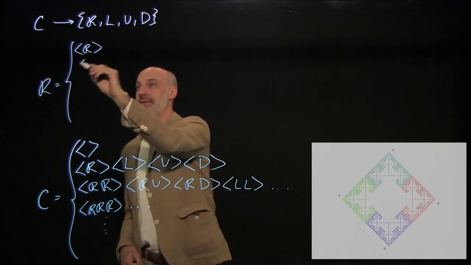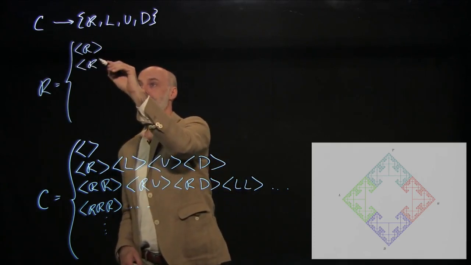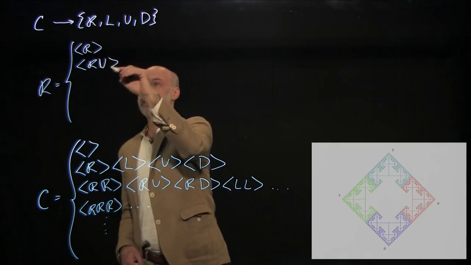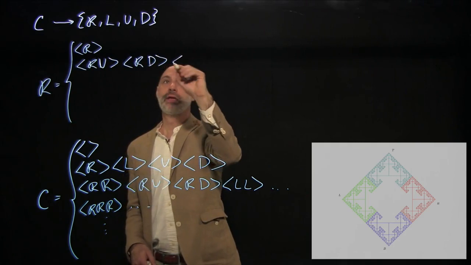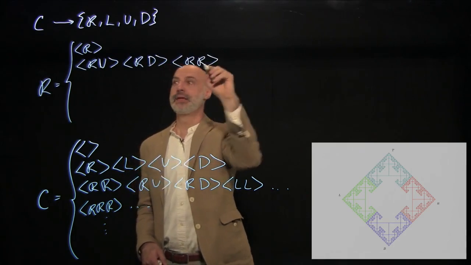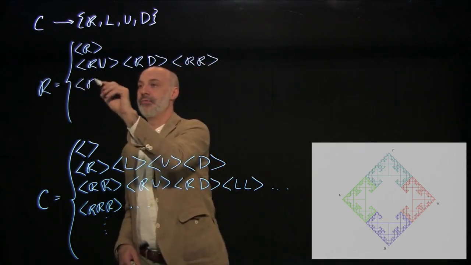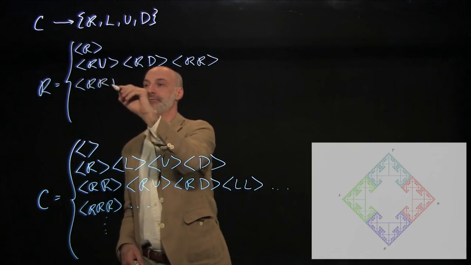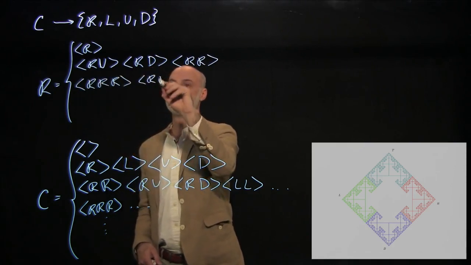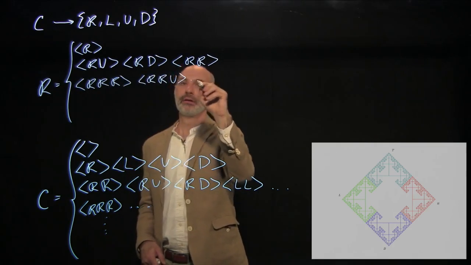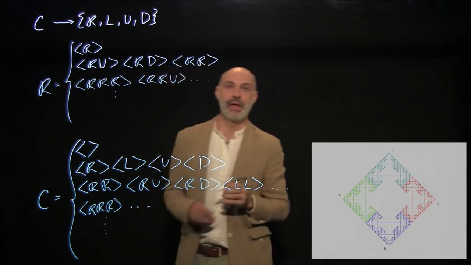So we get that path and that path and that path, and then a number of 3-step paths and so forth.